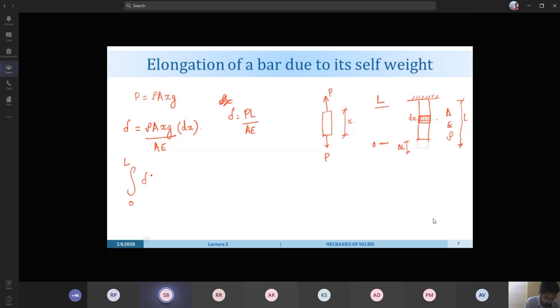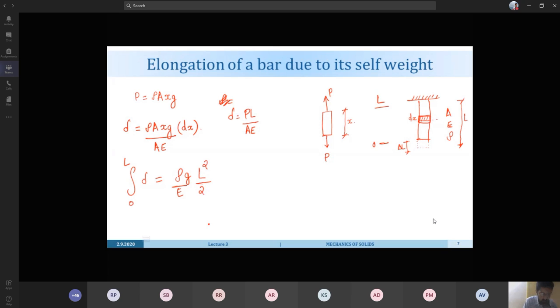Once we do this operation, the final elongation delta is nothing but, I will cancel rho by g, and it will be x square by 2, and once you put the limits it will be L square by 2.